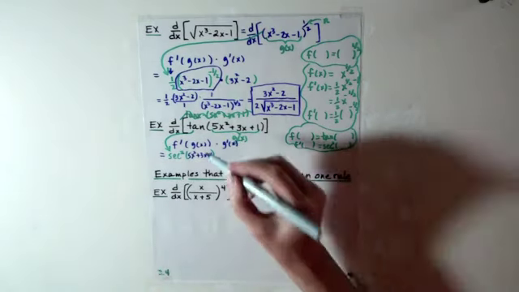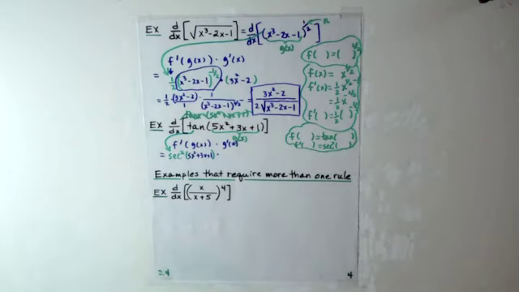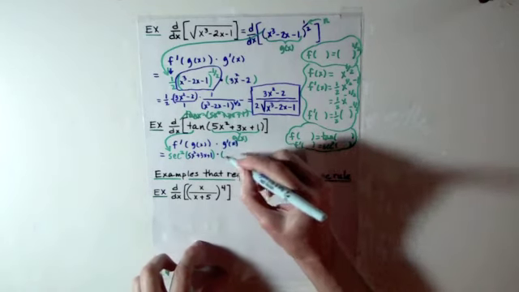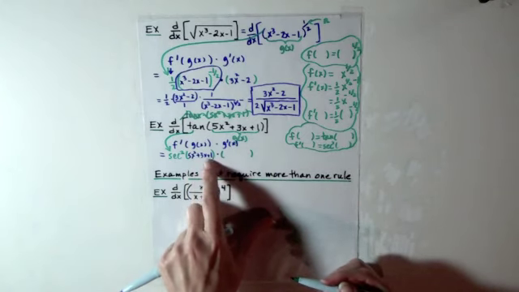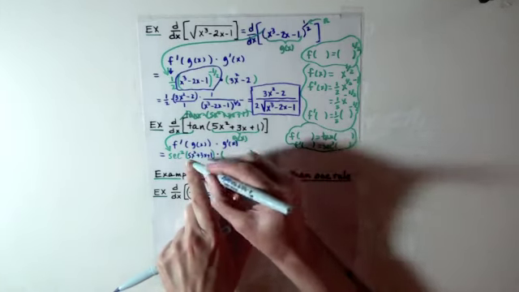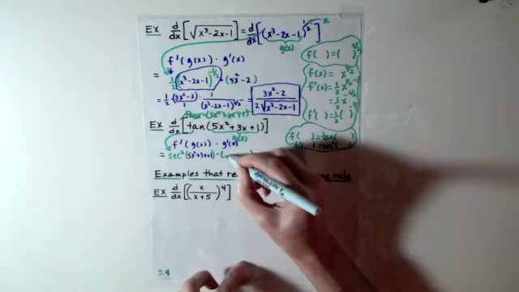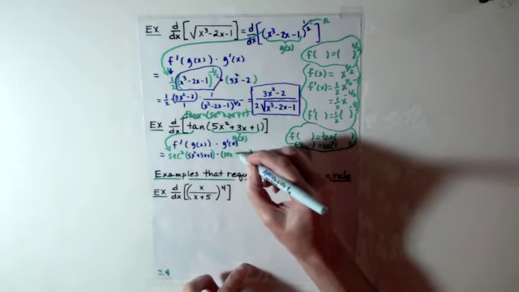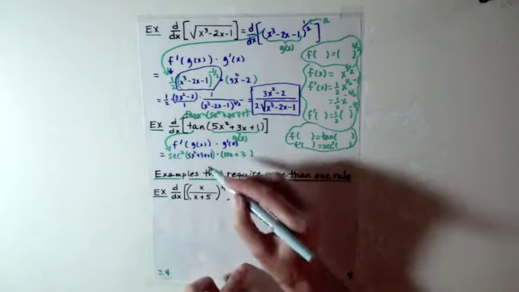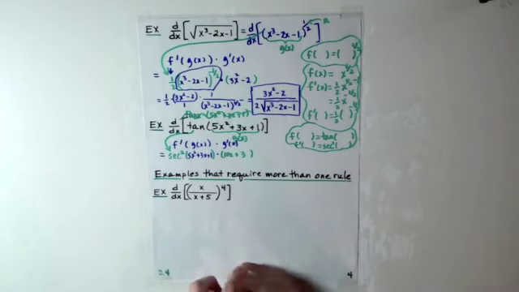Now, according to the chain rule, I'm supposed to multiply by derivative of the inner function. So now I have to multiply by g prime, so I'm taking the derivative of this inner function. Derivative of 5x squared would just be 10x, and derivative of 3x would be 3. Derivative of 1 is just 0, since it's the derivative of a constant.